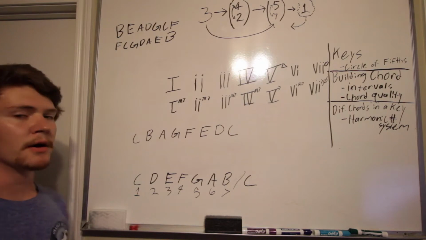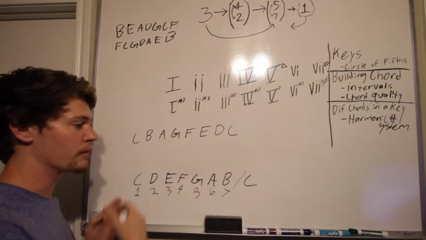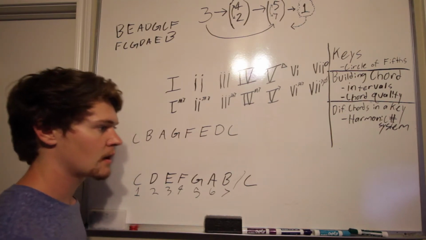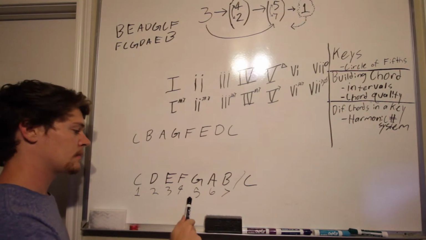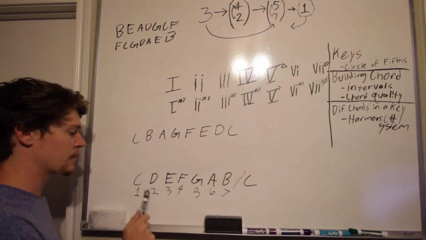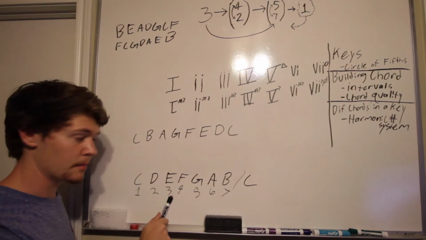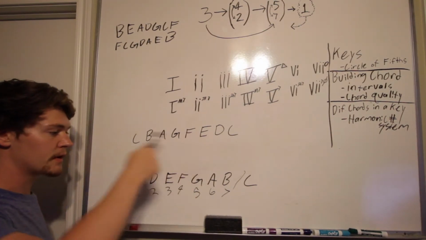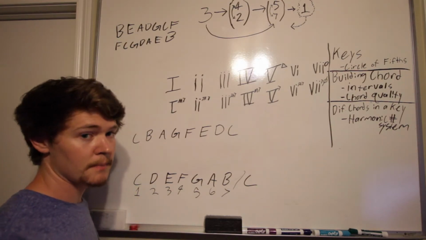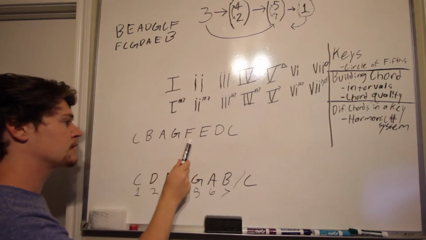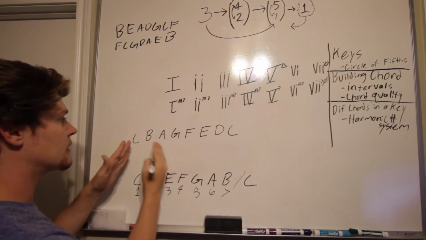One thing about intervals that you may not have known is if you reverse it, it changes the quality. So if you count up to a third in a major scale, that is a major third. But if you reverse it, then it becomes a minor sixth. See, if you count down from the same note, you have a wider gap.